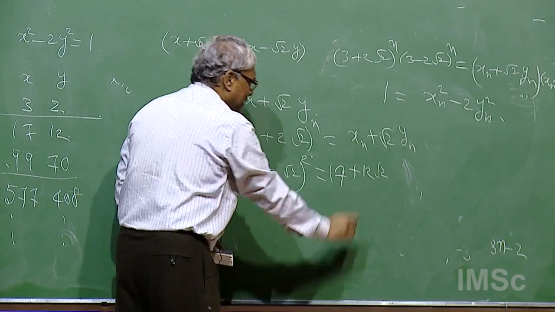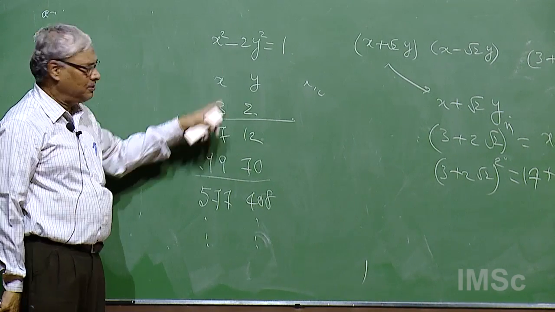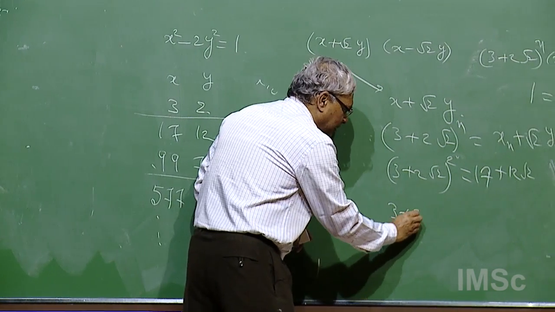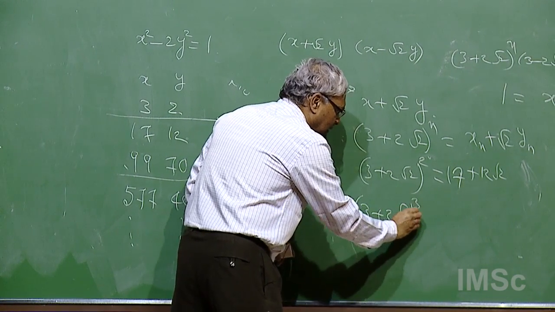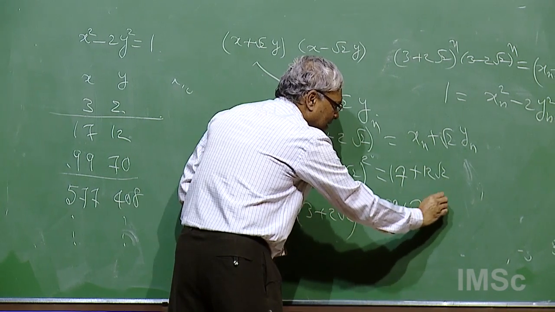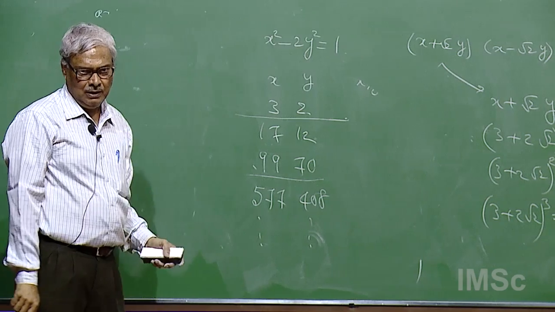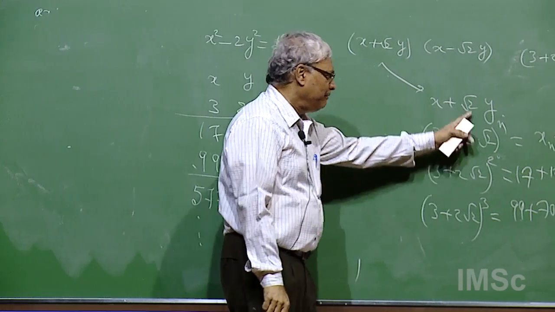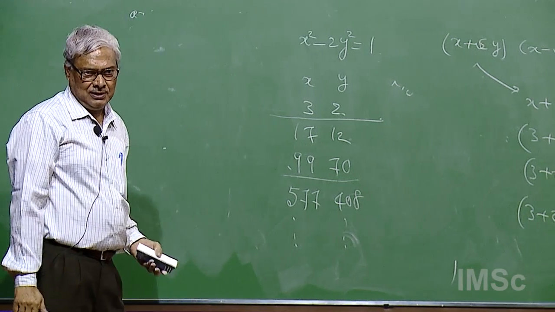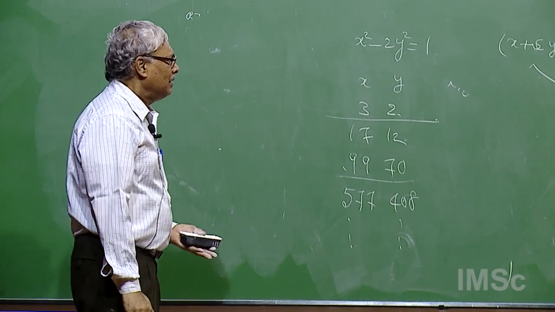So 17, the rational part, and 12, the irrational part, are the solutions of this equation, which was written here. 3 plus 2 root 2 whole cubed, you are going to get 99 plus 70 root 2. Therefore, 99 and 70 will be the third solution, and so on. So for every nth power, you will get a solution. And you will have infinitely many solutions. So this is another way you can generate infinitely many solutions.